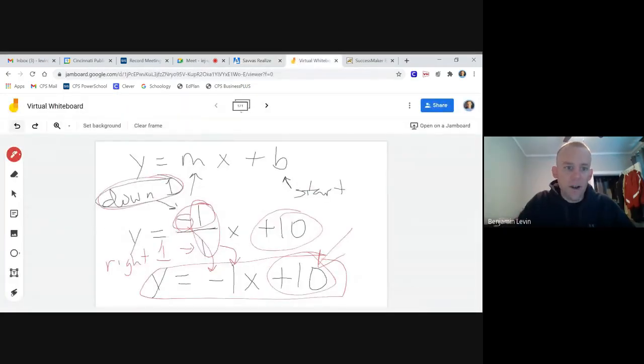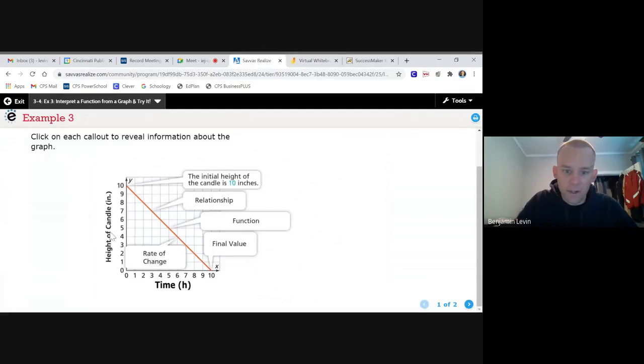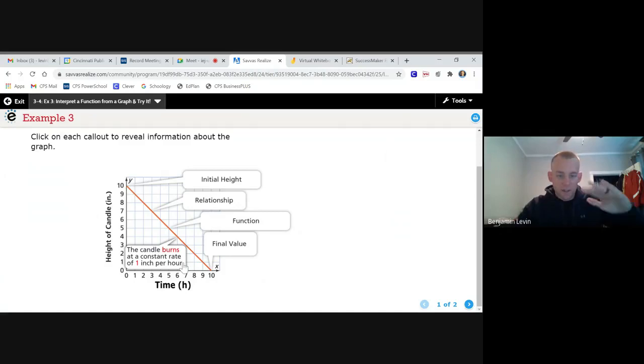Now it's trying to get you guys to be able to look at a graph and think a little bit and be like, okay, it said the initial height is 10, so that must mean it's the y-intercept. And the rate of change is 1 inch per hour. So we know it's getting lower, right? Obviously, the candle burning is not going to grow. It's going to shrink. So we know it's going to be -1 over 1.